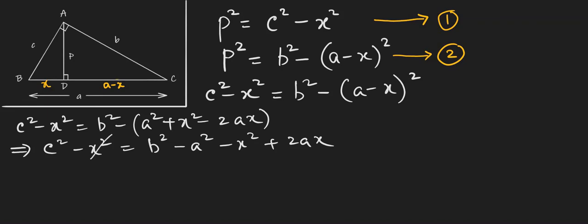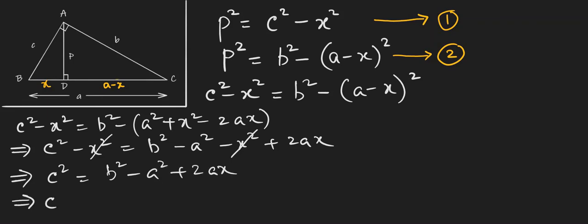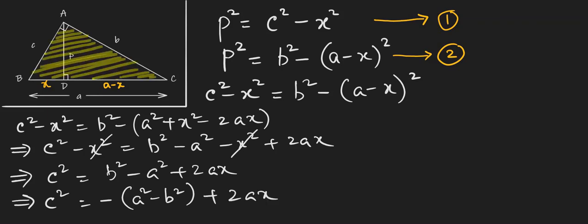We can cancel X square on both the sides, so we are left with C square is equal to B square minus A square plus 2AX. We can also write this as C square is equal to minus A square minus B square plus 2AX.